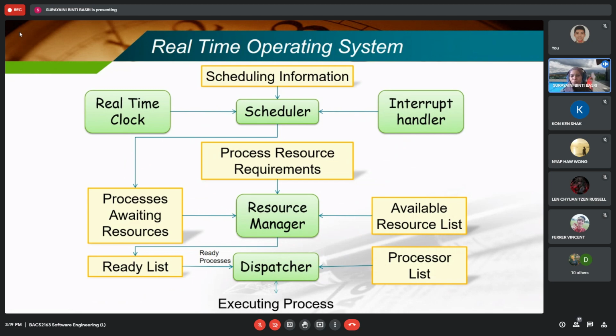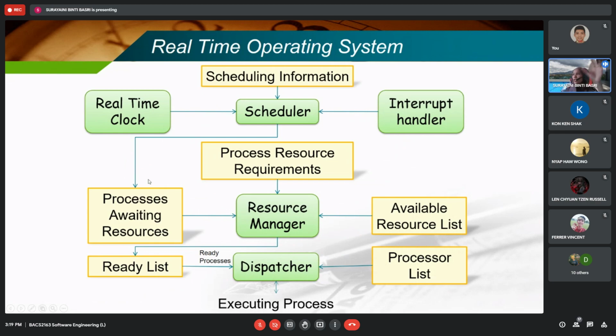I forgot the full name of JAKIM, but it is the Malaysian association that manages all the Muslim affairs. So that is actually an example of periodic stimulus using timing. There are some time intervals that will trigger the azan to sound.